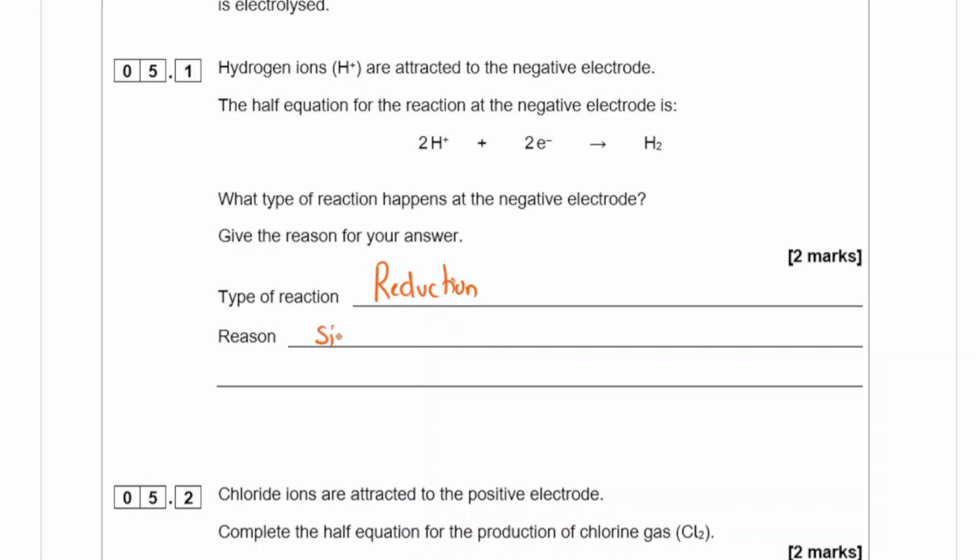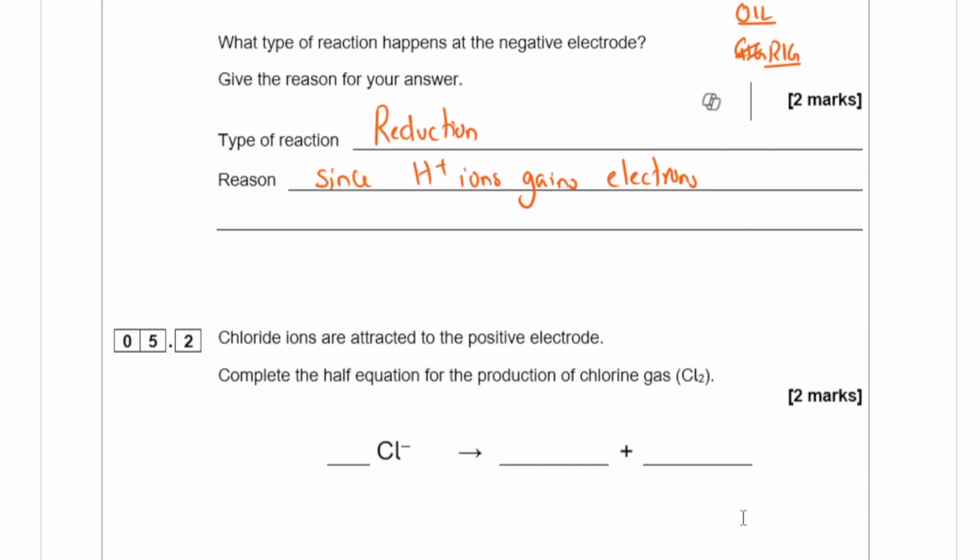Reason: since H plus ions gain electrons. Remember OIL RIG, oxidation is loss of electrons and reduction is gain of electrons.